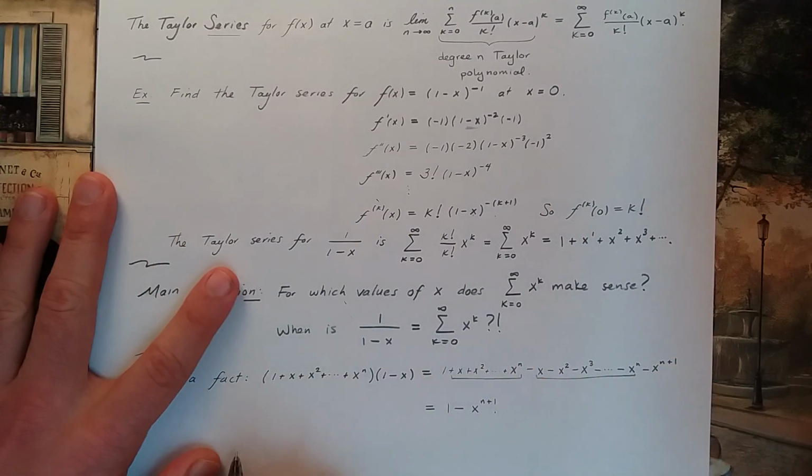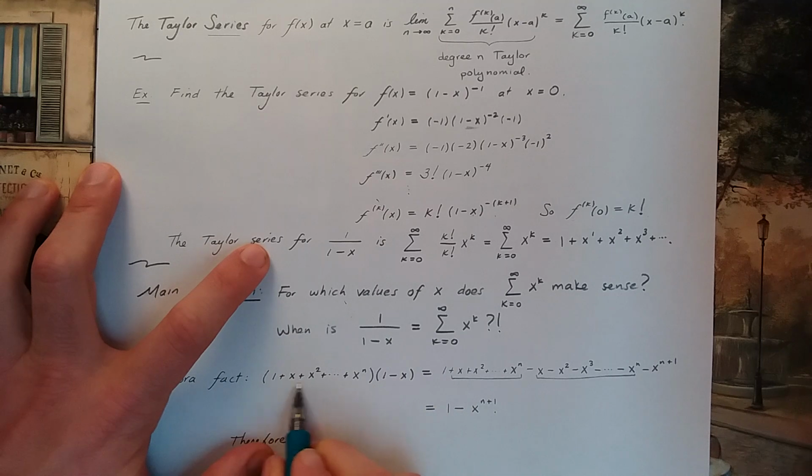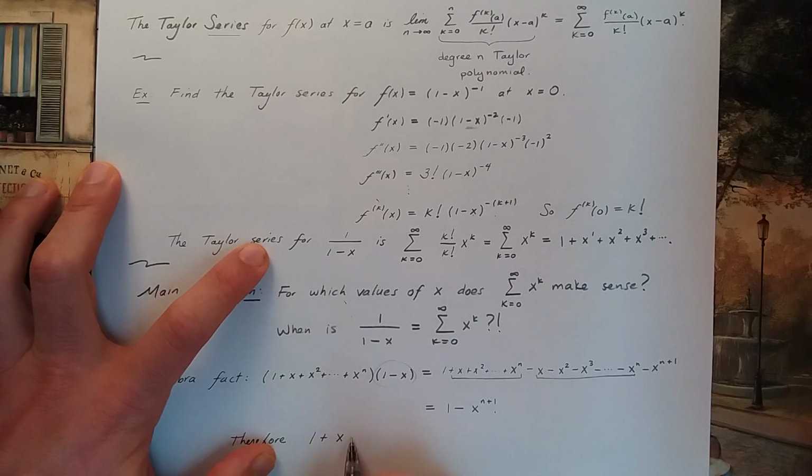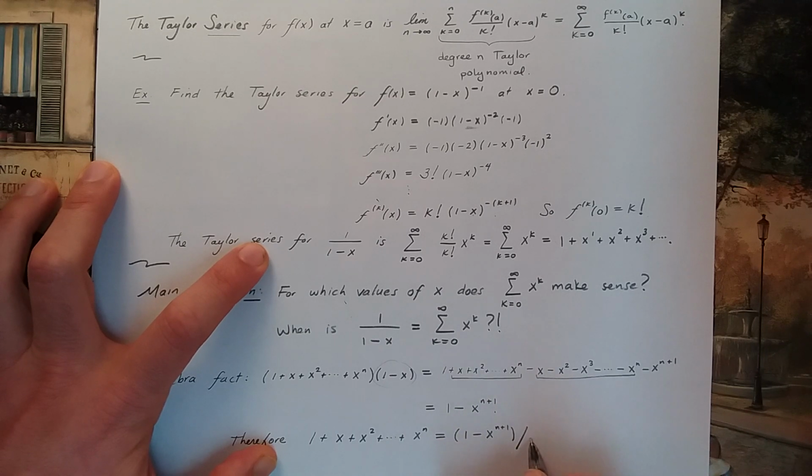So therefore, I could take this equation and divide both sides by 1 minus x, and I find 1 plus x squared up to x to the n is 1 minus x to the n plus 1 over 1 minus x.